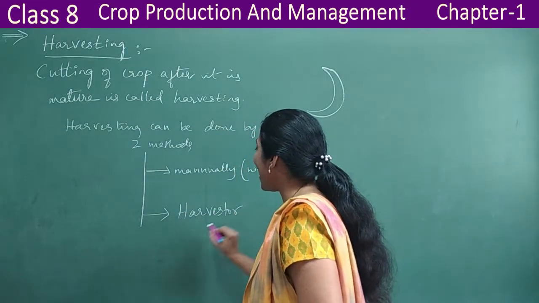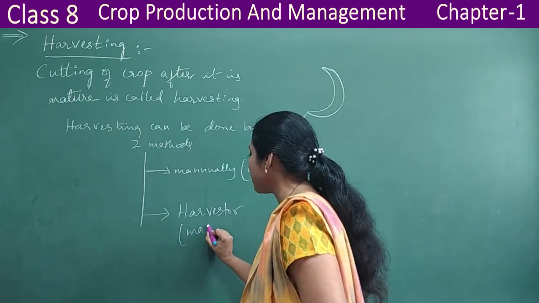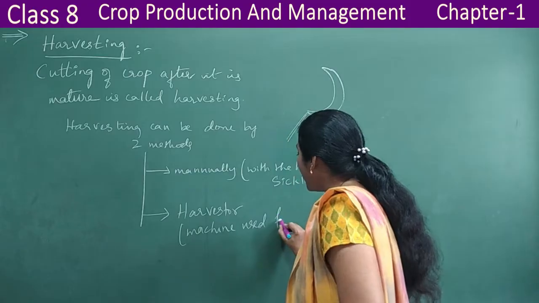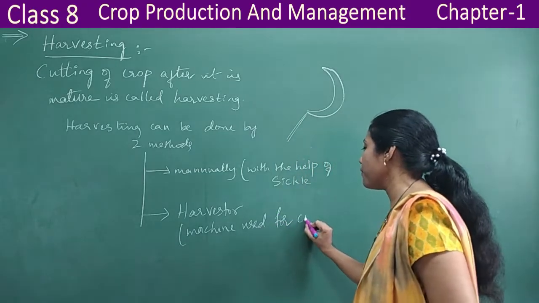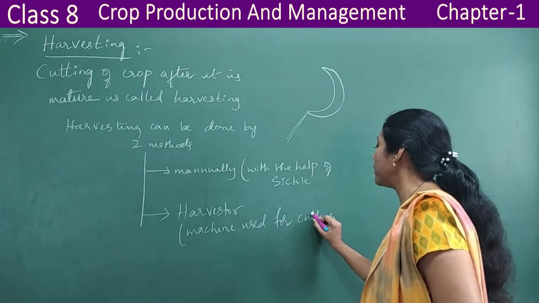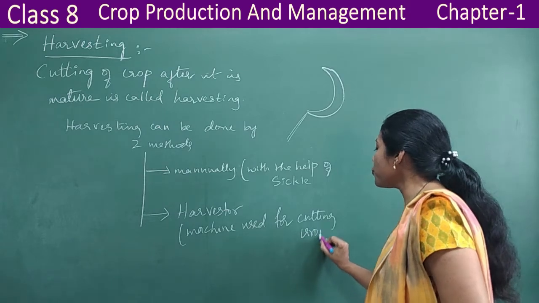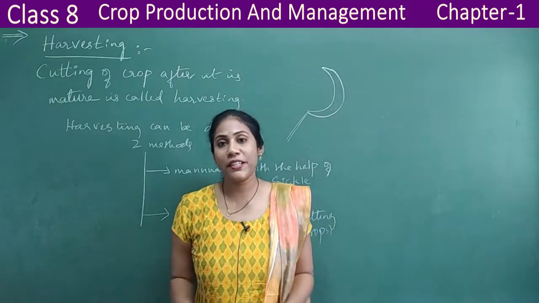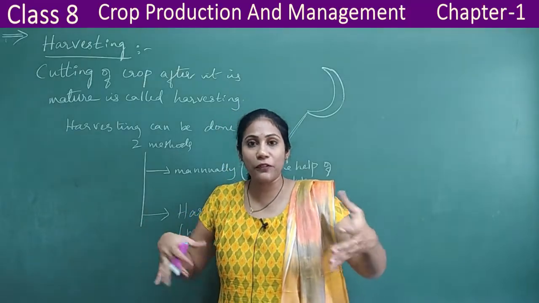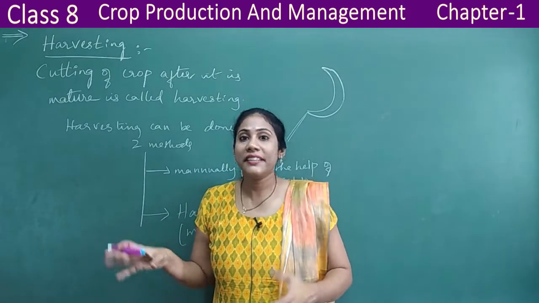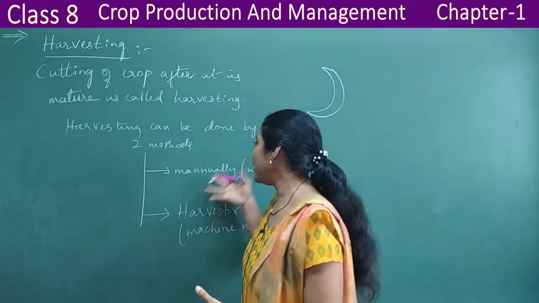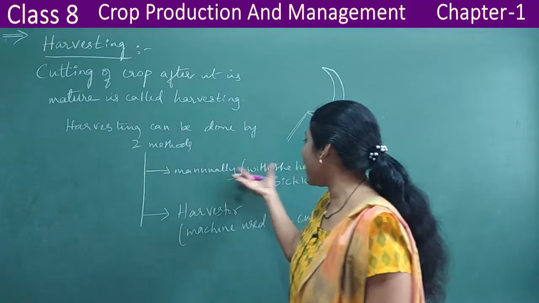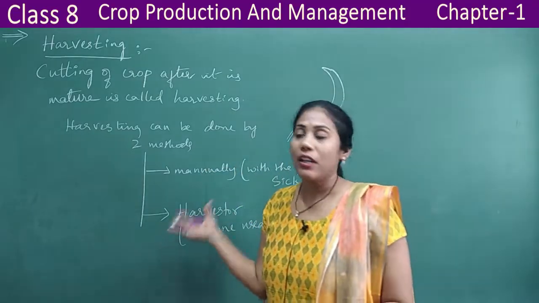So what do you mean by harvester? It is a machine which is used for cutting crop plants, for cutting crop. Say, this is the most common method if you have a large piece of land. When we have to cut acres of land, a man holding a sickle and cutting it takes a lot of time, requires a lot of manpower, lots of energy.